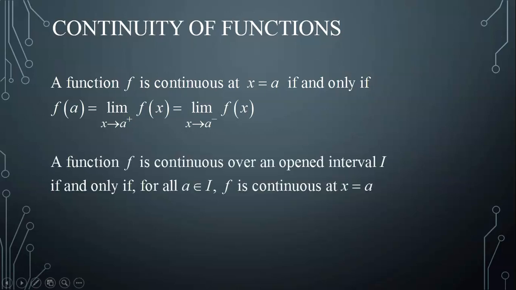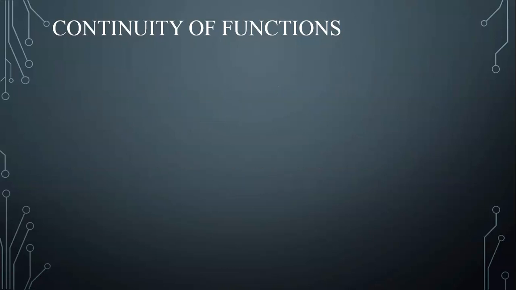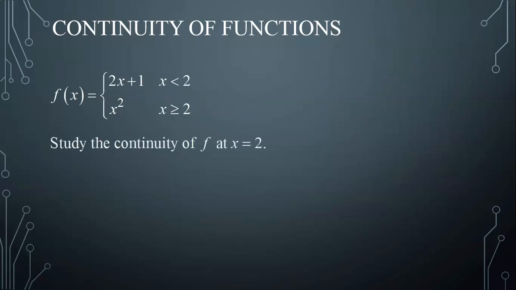And a function f is continuous over an open interval if f is continuous at every point of that open interval. So let's just study the continuity of this function at x equals 2.